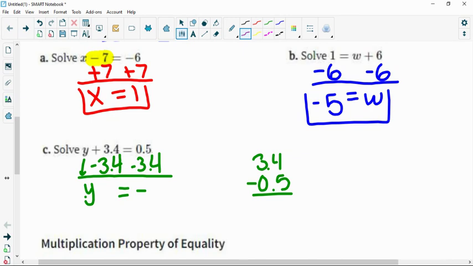To do 4 minus 5, one method would be to borrow from the 3. The 3 becomes a 2, and I bring that over, so now instead of 4, it's 14. Fourteen minus 5 is 9. Bring down my decimal, and 2 minus 0 is 2. So my result is negative 2.9.